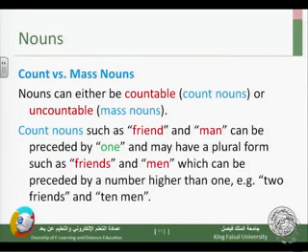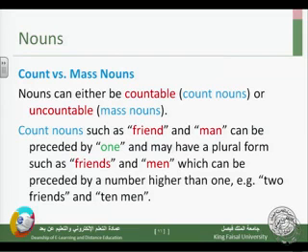So friends is the plural form of friend, and men is the plural form of man. So these plural forms can be preceded by a number higher than one. So we can say 2 friends and 10 men. So these are count nouns.